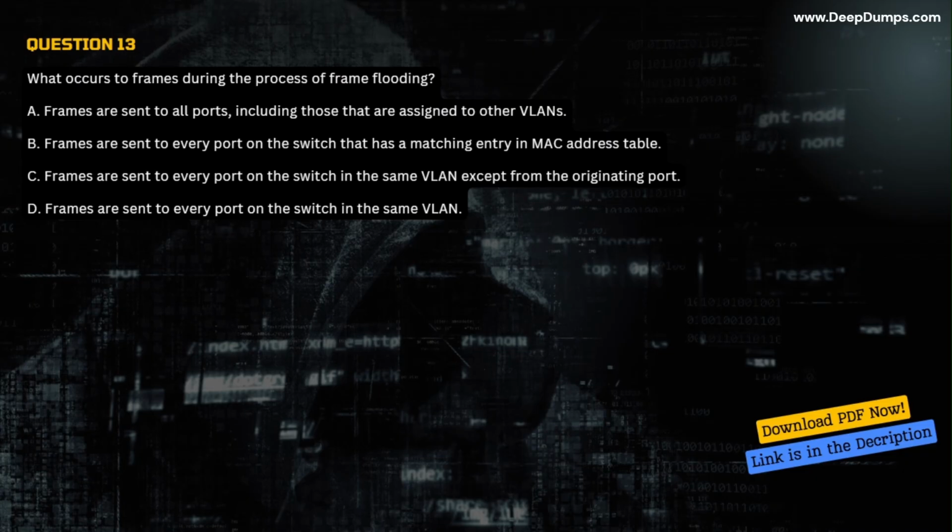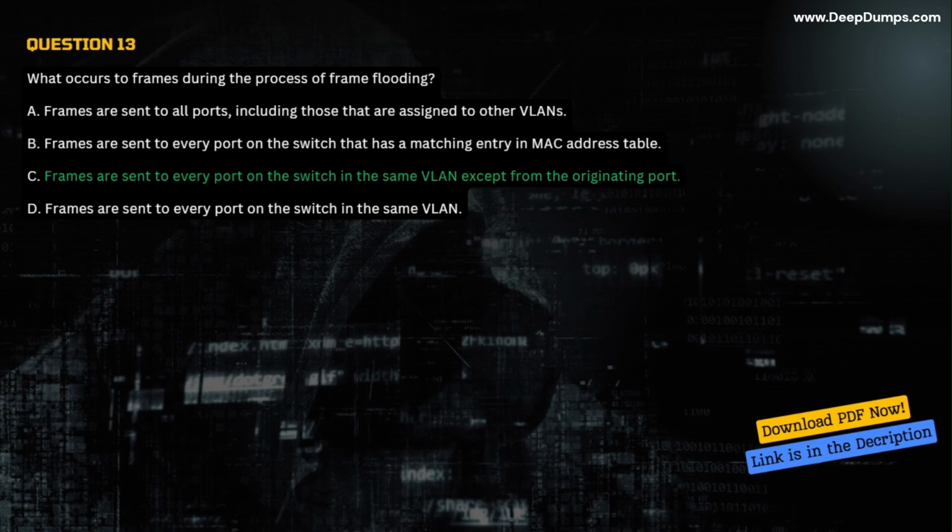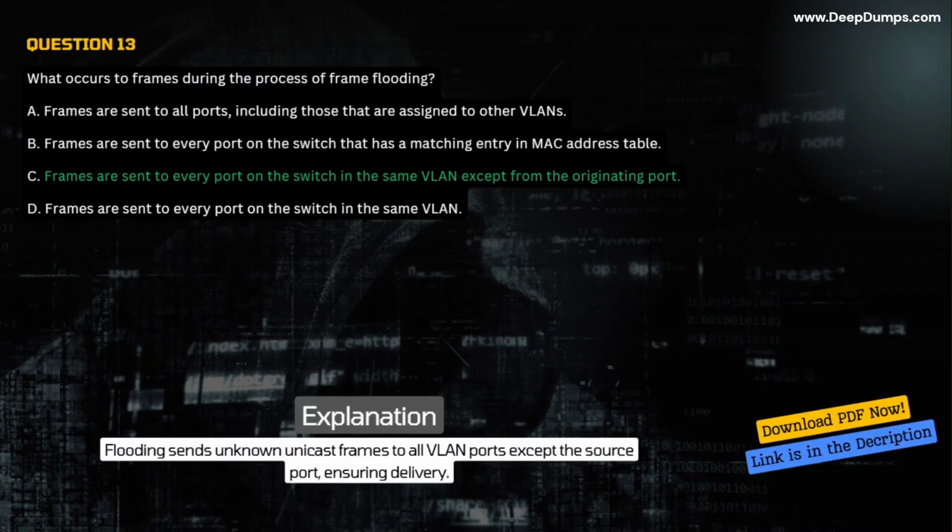D. Frames are sent to every port on the switch in the same VLAN. Correct answer, C. Frames are sent to every port on the switch in the same VLAN except from the originating port. Explanation. Flooding sends unknown unicast frames to all VLAN ports except the source port, ensuring delivery.